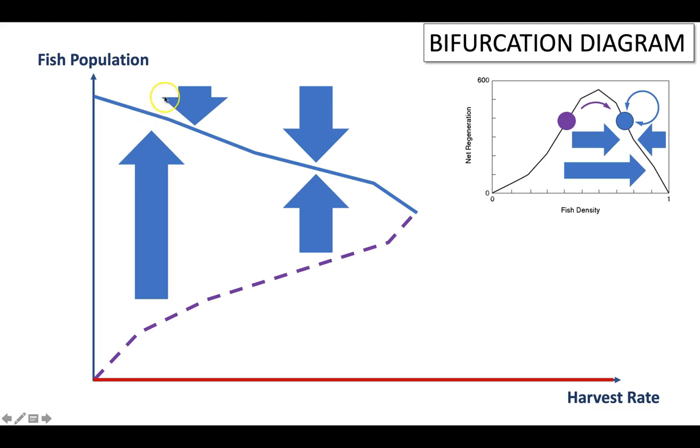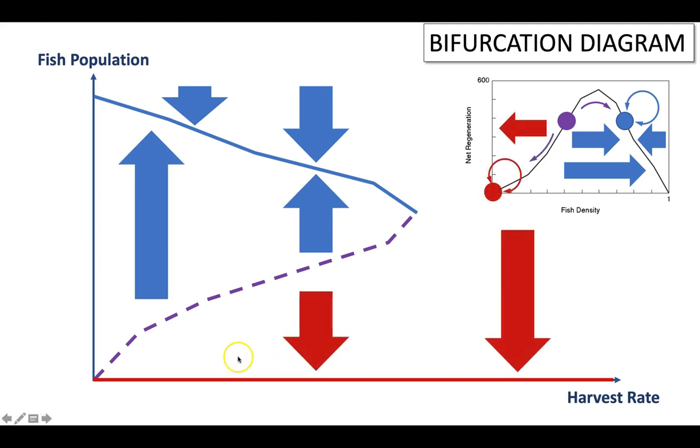If I also have a fish population that's at its carrying capacity, up here at high, it will then decline, but it won't decline all the way to 0. It'll decline and stop here at whatever stable equilibrium corresponds to that particular harvest rate.